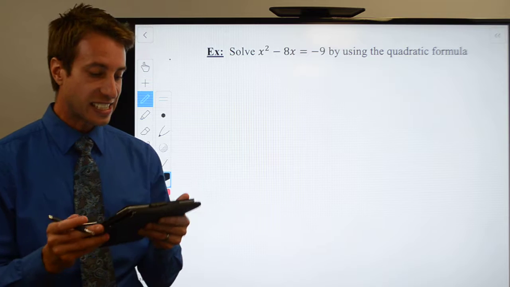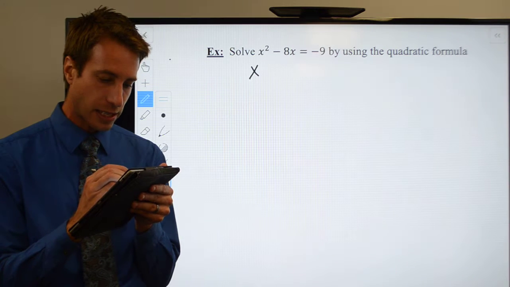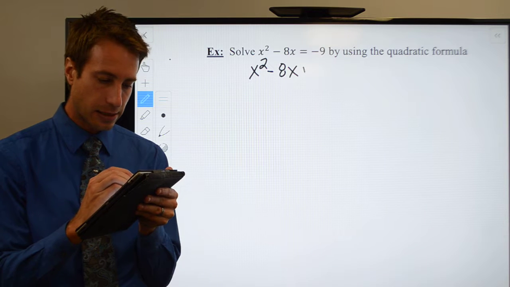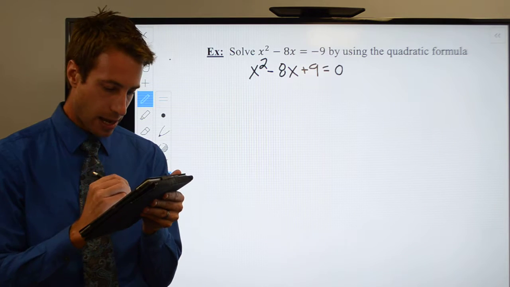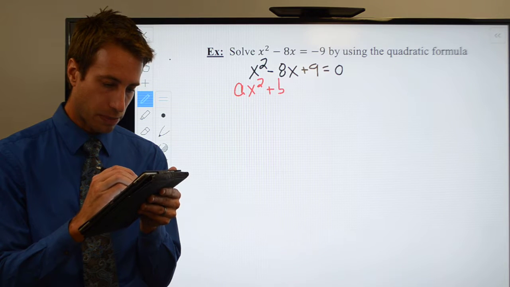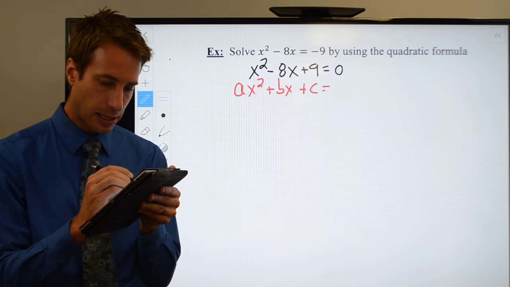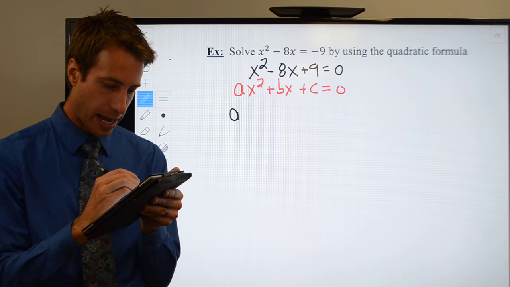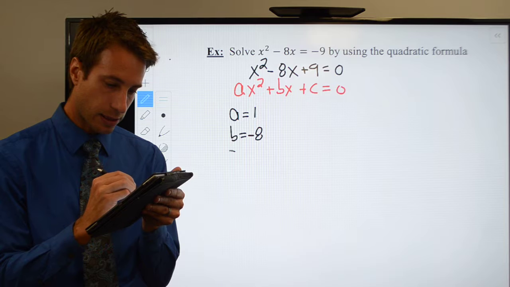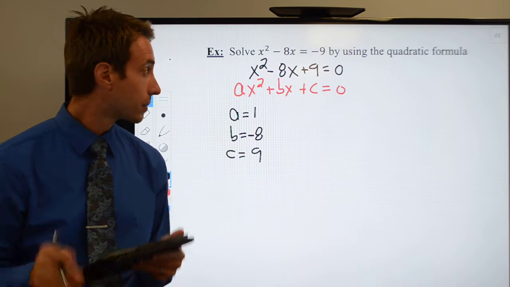I got to put this one in standard form, so let's do that first. X squared minus 8x, add the 9 to the other side. And we got it in standard form. Ax squared plus bx plus c is equal to 0, where a is 1, b is a negative 8, c is 9.